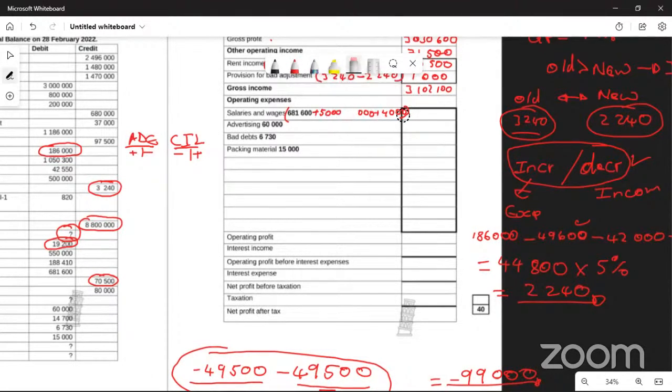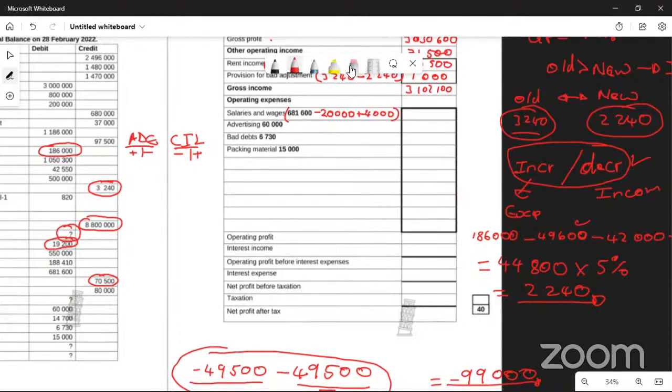The gross salary is 15,000 plus 2,000 plus 3,000, which is 20,000, plus the contributions of the employer, which is 4,000.